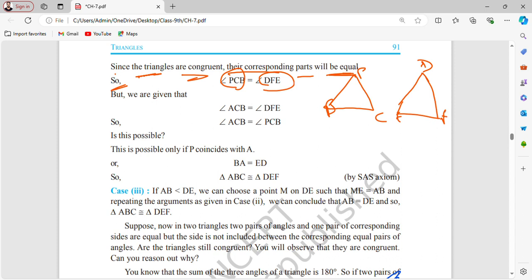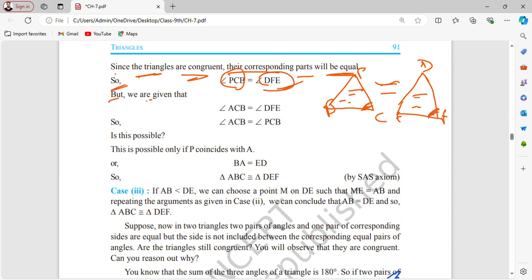So angle PCB, this angle, is equal to angle DFE, this angle, because these two triangles are congruent. After congruency, corresponding parts, meaning corresponding angles and corresponding sides, will be equal.